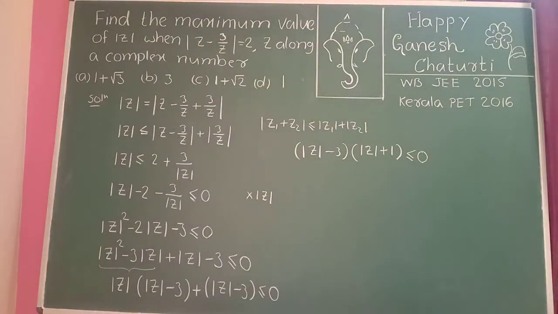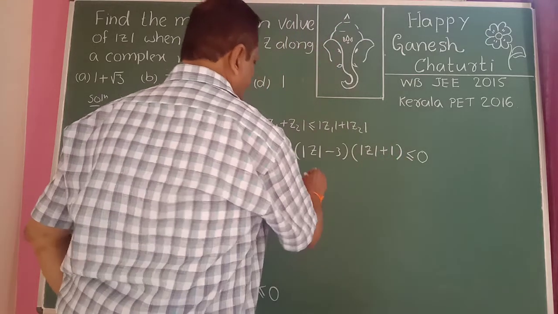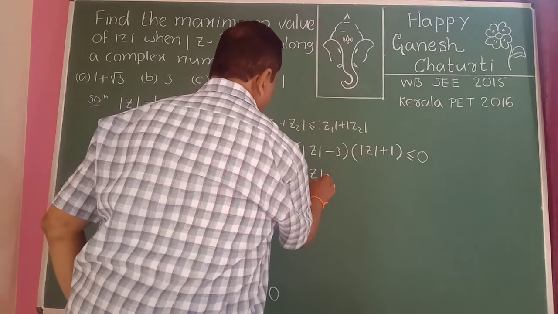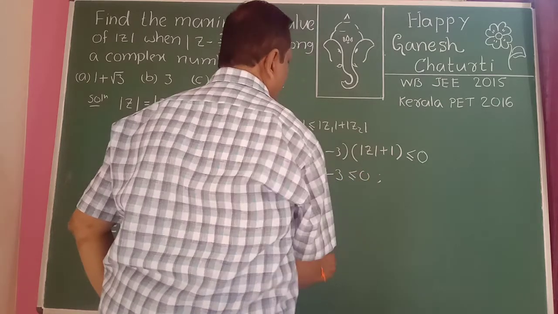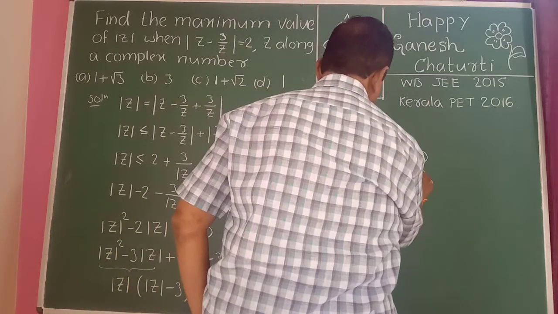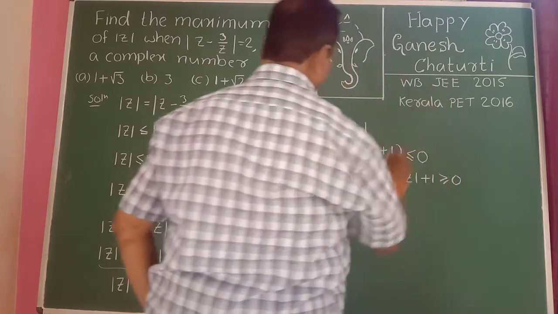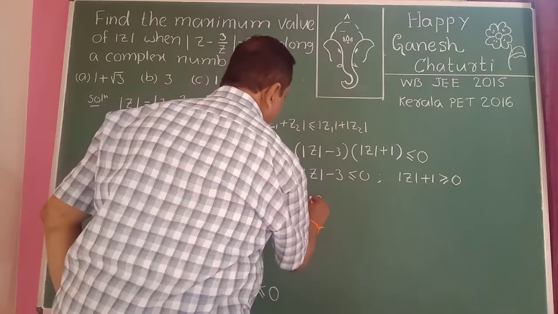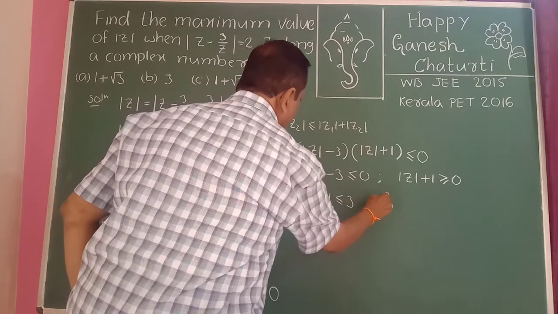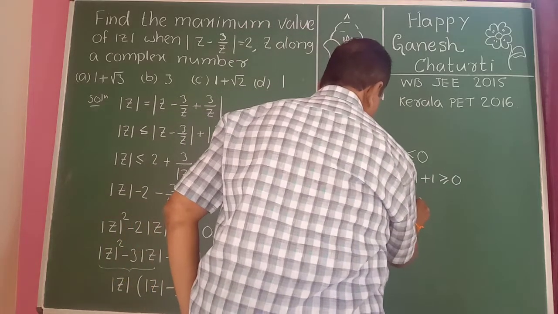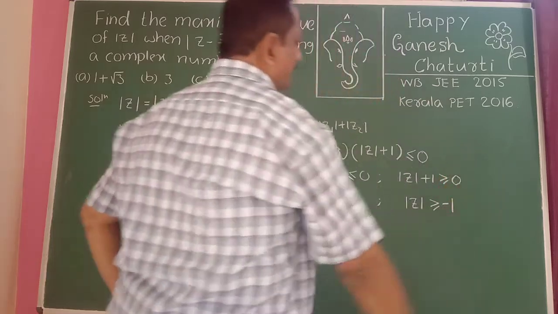Then the product of these two terms being less than or equal to 0 means modulus of z minus 3 is less than or equal to 0 and modulus of z plus 1 is greater than or equal to 0. Taking the constant to the right side, modulus of z is less than or equal to 3 and modulus of z is greater than or equal to minus 1.